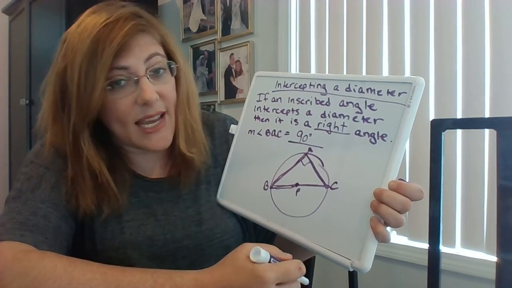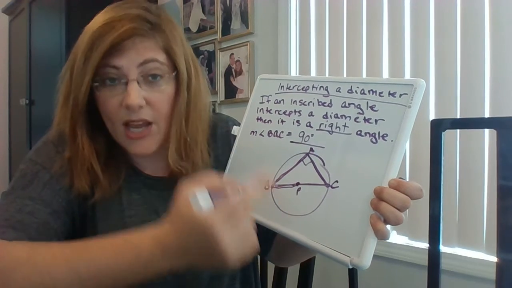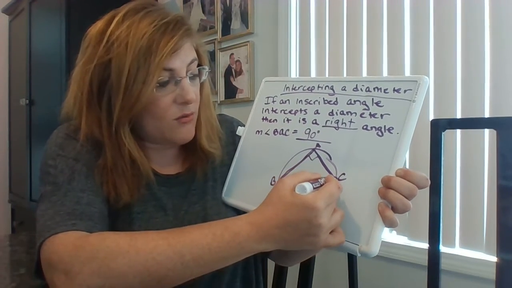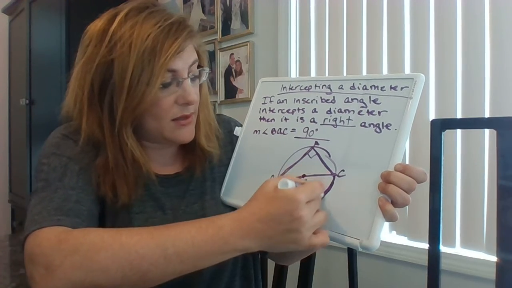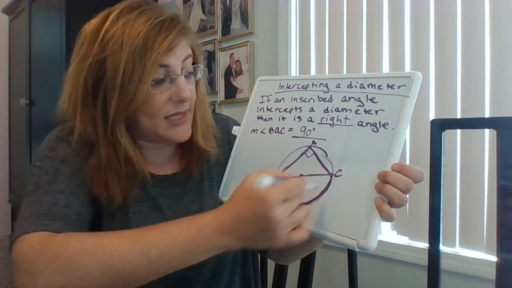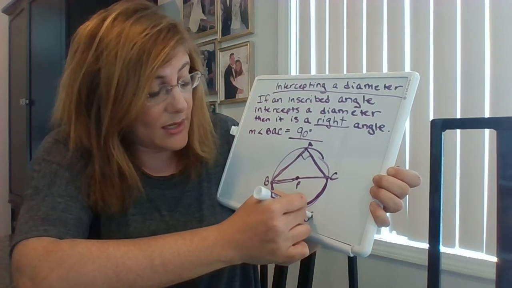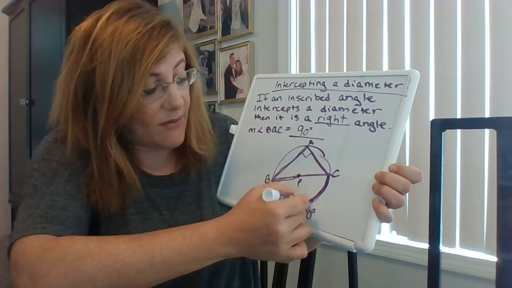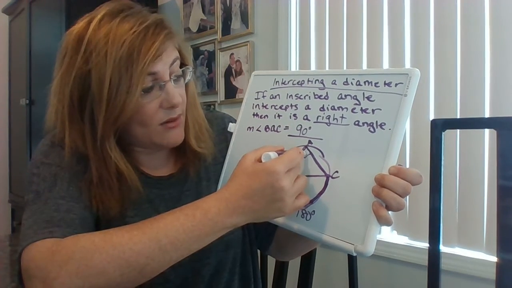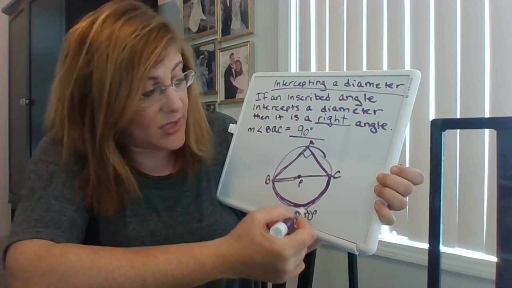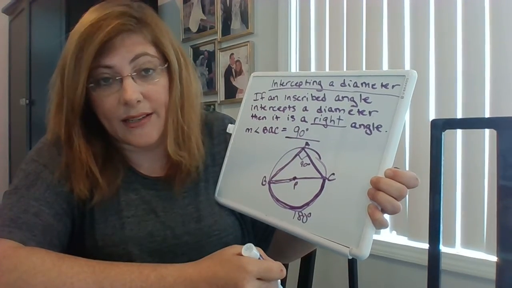Now that makes sense because whenever you have a diameter, we know that we're talking about half of a circle. So angle BAC's intercepted arc is going to be 180 degrees because it's half a circle. Now, this inscribed angle is half of its intercepted arc, so it must be 90 degrees, or a right angle.